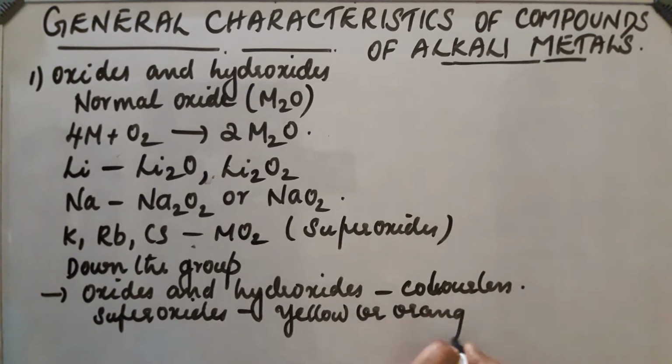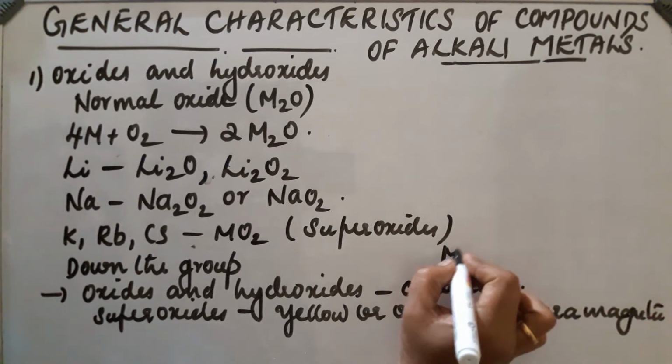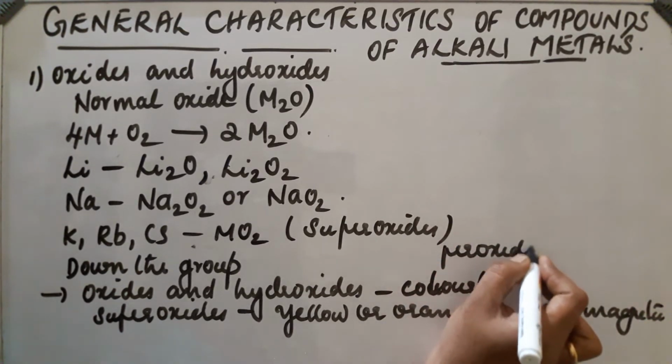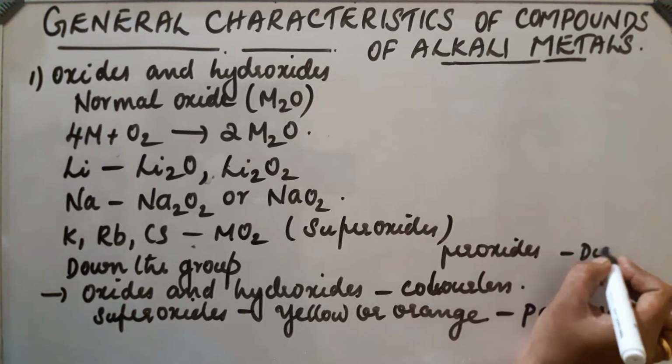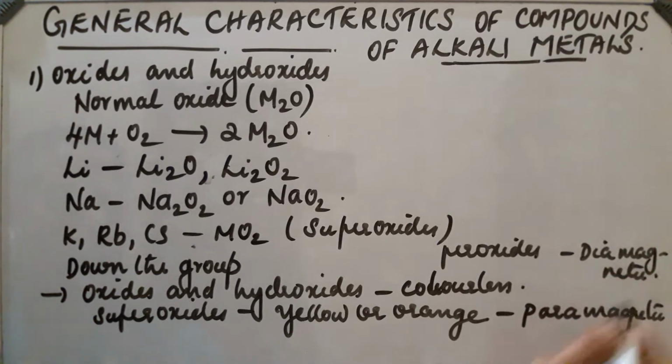Peroxides are diamagnetic and superoxides are paramagnetic. Superoxides are paramagnetic because one unpaired electron is present in the pi star 2p orbital.